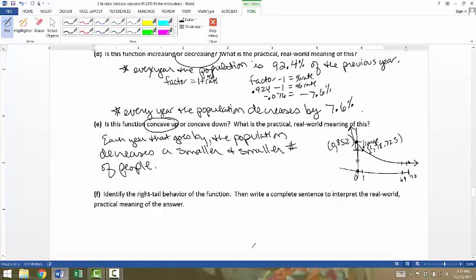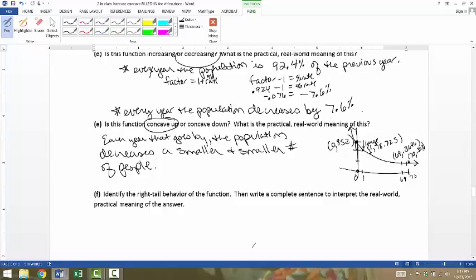Now, if you plug in 69 into the function, you'll get out 0.3646. So that would be 2019, there are 365 people in the town. And then if you go one more year to 2020, it outputs 0.3113.